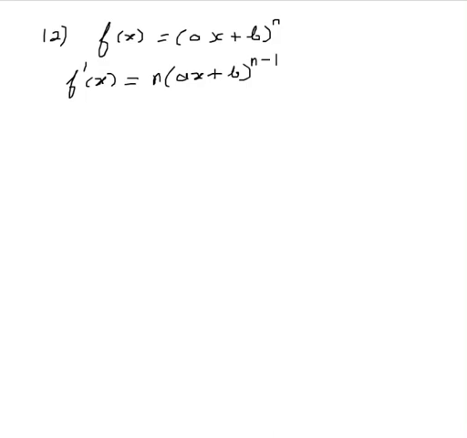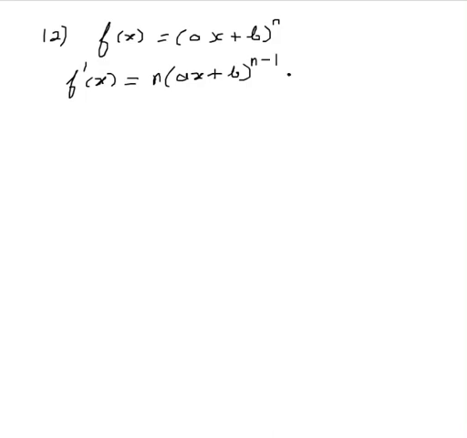Question 12. f of x is ax plus b whole raised to n. Here we need chain rule. f dash of x is equal to, let us differentiate the power using n into x raised to n minus 1 formula, keeping the base same. When you differentiate one level, the inner level should be kept as it is. n into ax plus b whole raised to n minus 1.